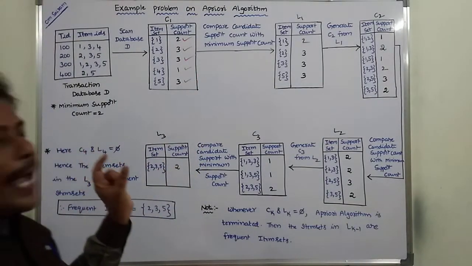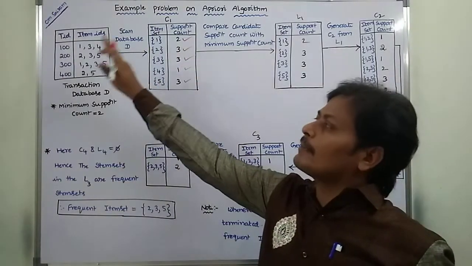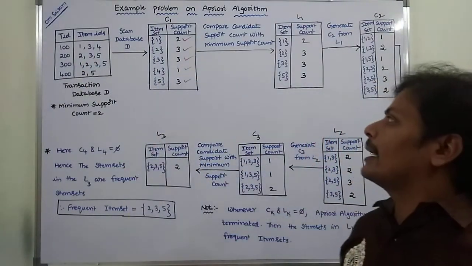Item 3: 1, 2, 3, so 3 times. Item 4: only 1 time. Item 5: 1, 2, 3, so 3 times. So for each and every item, we have counted how many times it is present in the transactional database.